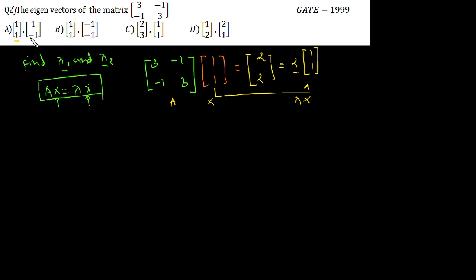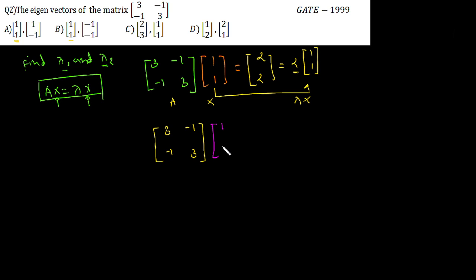Now let's look at option B, which also contains this 1 1. Let's check whether 1 minus 1 is the other eigenvector. So again write this matrix A as it is. Now let's check this vector, first 1 minus 1.